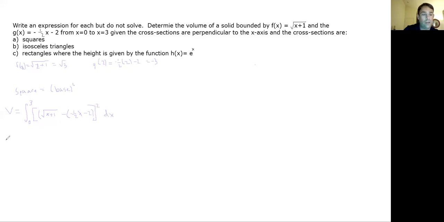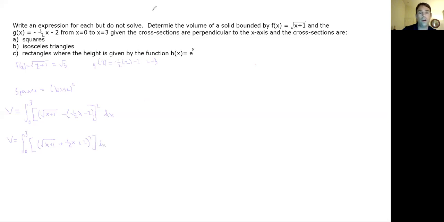So I'm going to just clean this up a little bit. And I have the square root of x plus 1 plus 1/2 x plus 2, squared. So there's our squares.